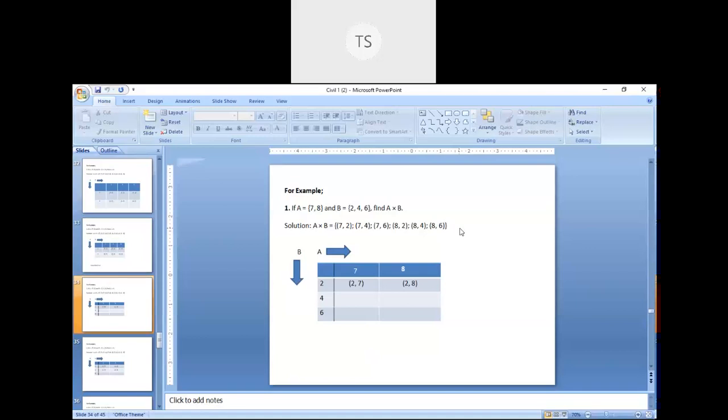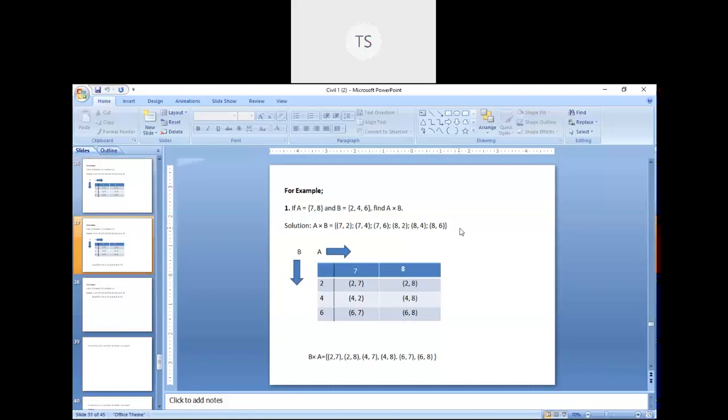So 4 7, 4 8. Similarly, for the last row, you will write 6 7, 6 8. So in this way you can write the ordered pairs. So this will give you the B cross A.